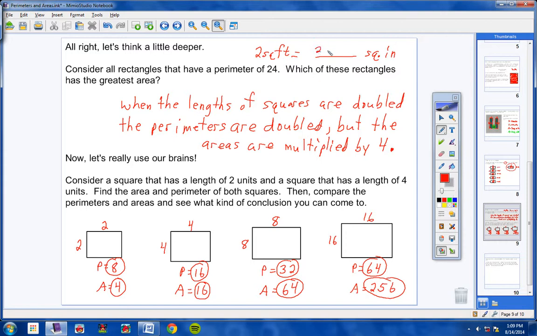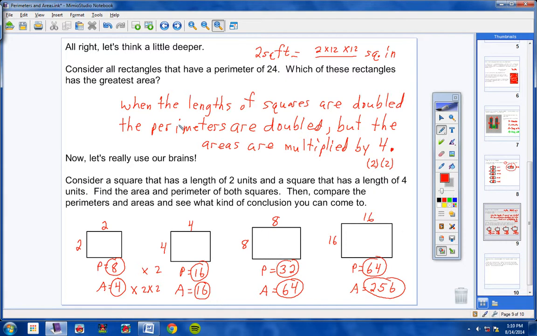You took the 2 square feet, you multiplied it by 12 and you multiplied it by 12 again, because when you're dealing with area, the increase is greater. And same thing down here. When I say that your areas are being multiplied by 4, that's really multiplying by 2 times 2. So the perimeters were just multiplied by 2. But the areas were multiplied by 2 and then by 2 again.